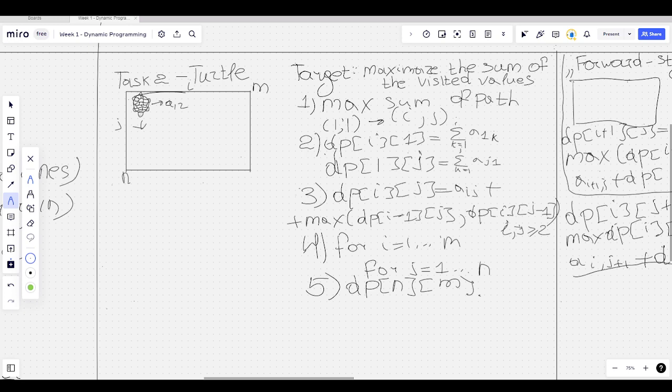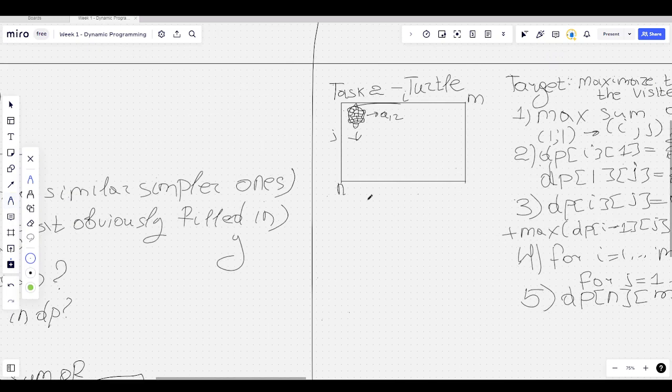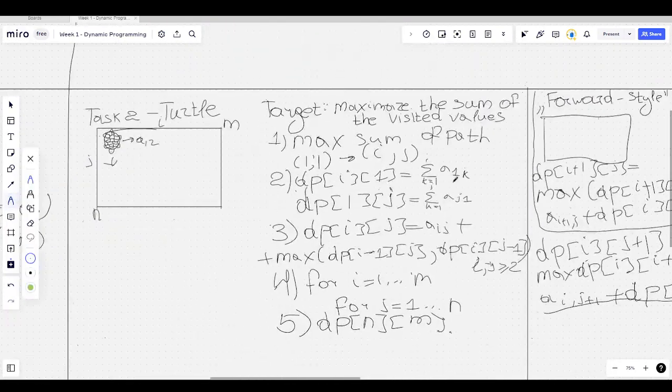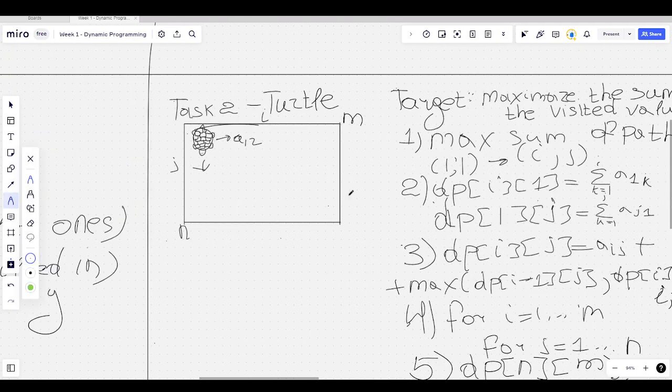So the first question. What is stored in DP? In DP we store the maximum sum of paths from (1, 1) to (e, j). I noticed that paths can be various.